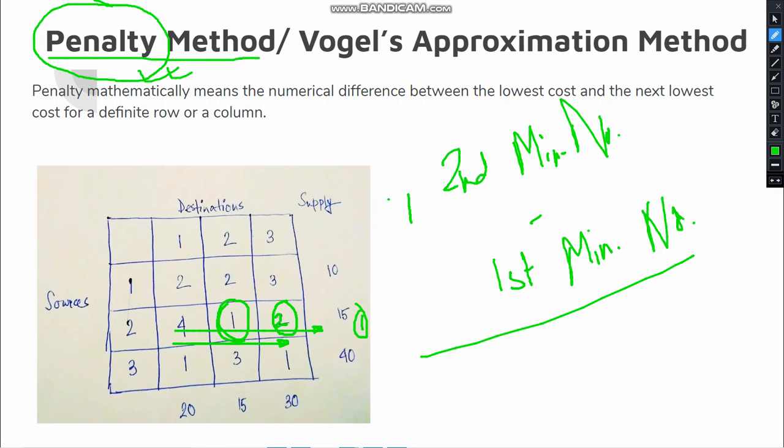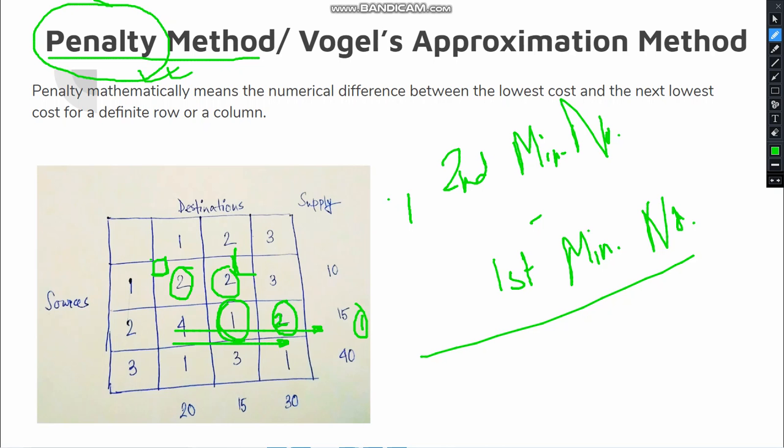Now what happens when there is a tie? That means there are two similar numbers. So here penalty will be 0. Why? Because if you don't have any other way to allocate here, then you will shift it here.